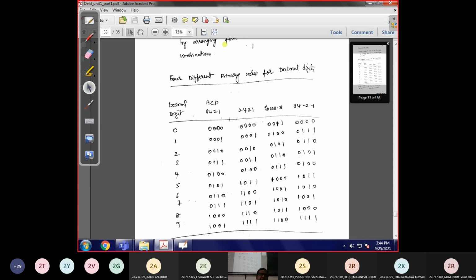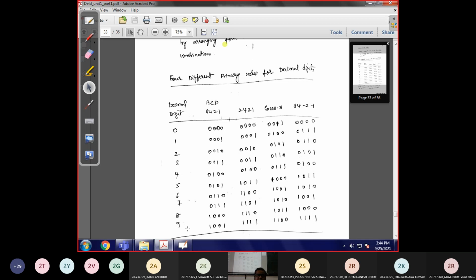So binary codes can be of two types: weighted codes and non-weighted codes. Examples of weighted codes are 8421, 2421, and 84-2-1. An example of a non-weighted code is your XS3 code, shown here for the numbers 0 to 9. Am I clear with this small table representing the different types of binary codes?